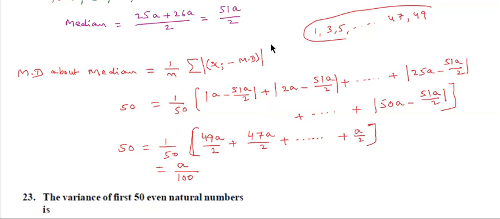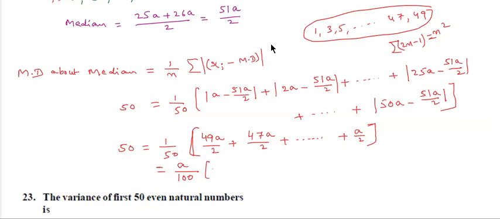These are odd numbers. The sum of odd numbers formula is n square, that is, sigma of 2n minus 1 equals n square. But n means how many numbers are there? There are total 50 observations, and here we get only 25.